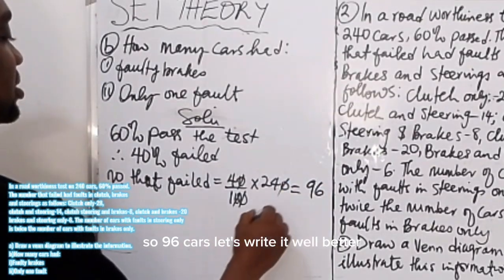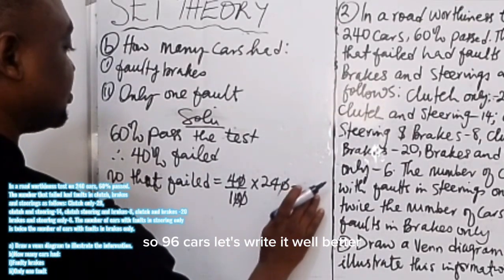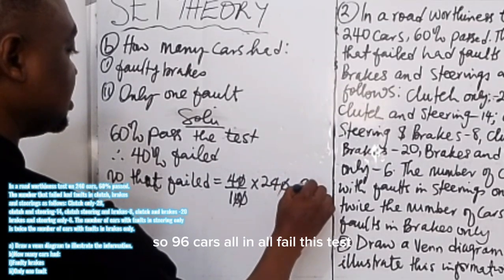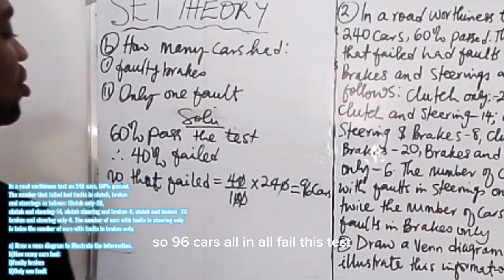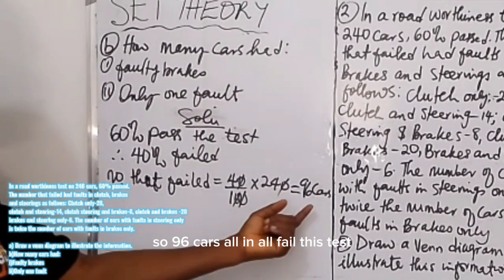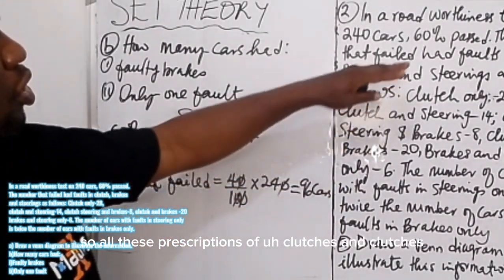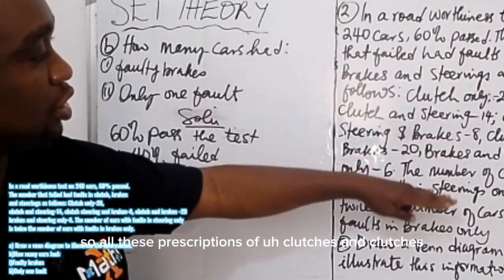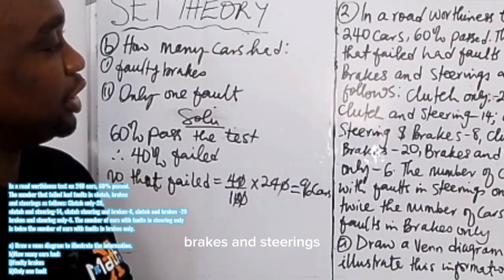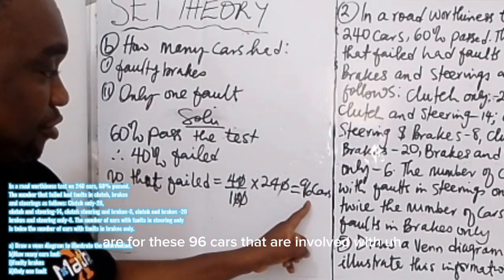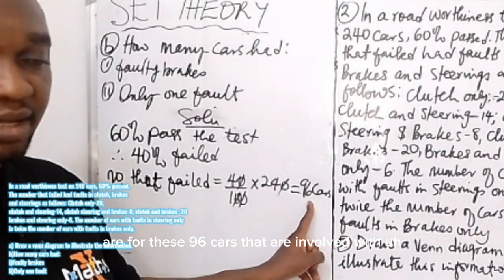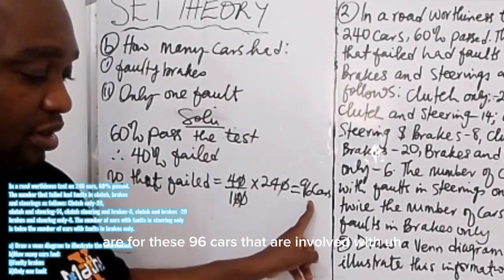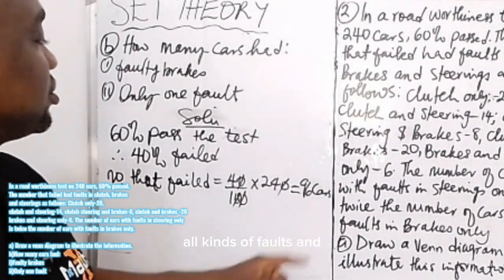So 96 cars. Let's write it better. So 96 cars, all in all, failed this test. So all these descriptions of clutches, brakes, and steerings are for these 96 cars that have faults, all kinds of faults.